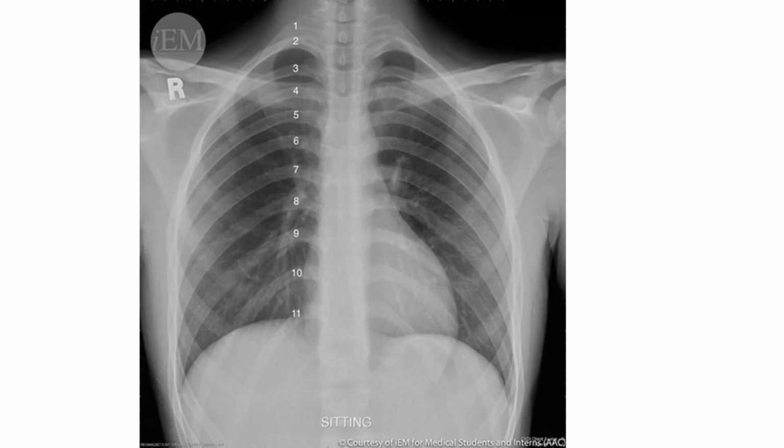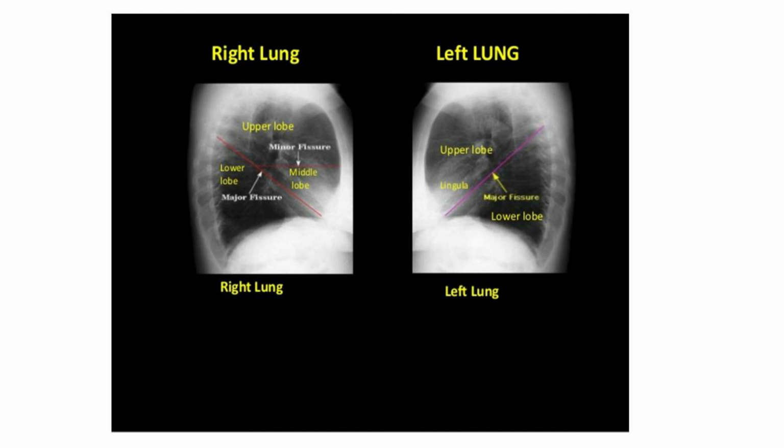In this chest x-ray, ribs are clearly visible as we can count from top 1, 2, 3, 4, 5, 6, 7, 8, 9, 10, 11, and 12 also we will see here. Right lateral lungs and left lateral lungs. In the right lung we will clearly see 3 lobes: upper lobe, middle lobe, and lower lobe.